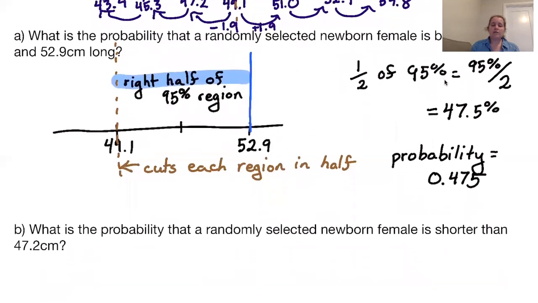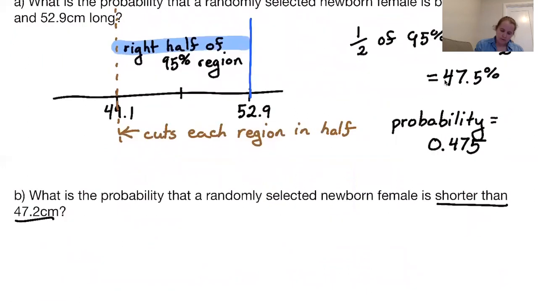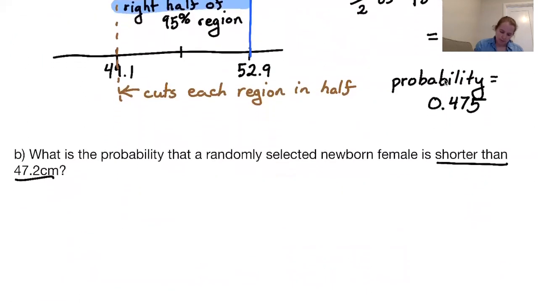Next up, let's look at shorter than 47.2. So we are going from 47.2 and looking to the left.